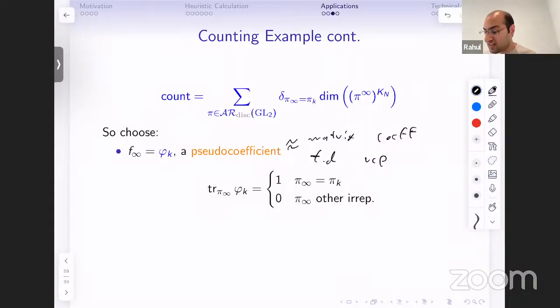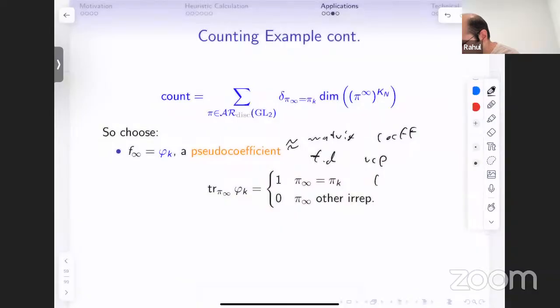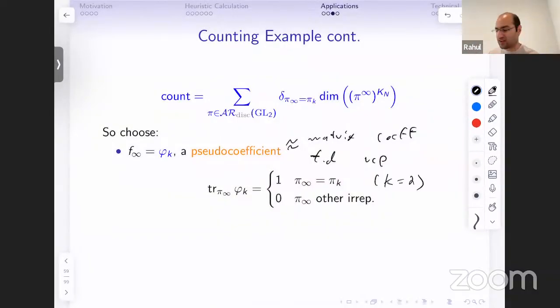And it has a very special property: the trace against any irreducible representation of GL2(R) against a pseudo coefficient is just going to exactly tell you whether this representation is equal to the weight K discrete series or not. There's a little technicality when K equals 2, but for all the other K, it's fine.